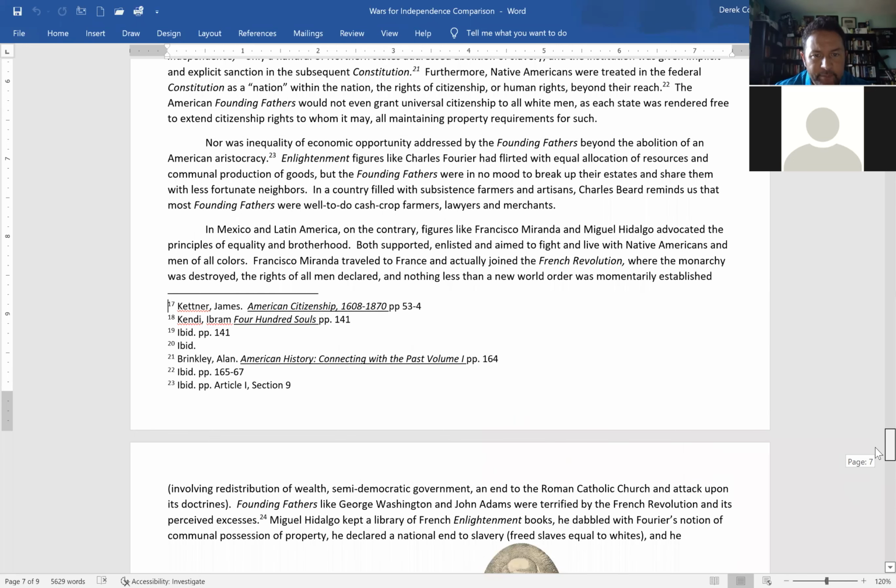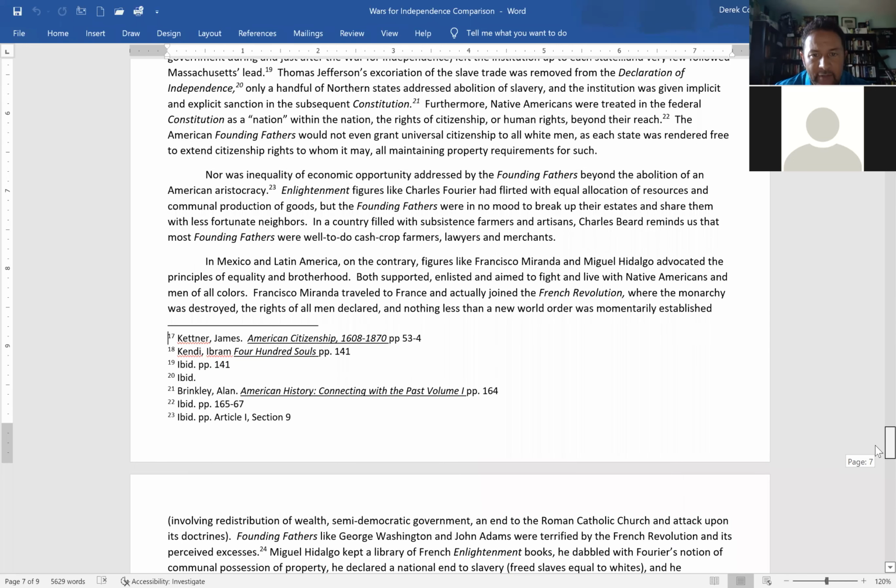Francisco Miranda and the rights of man from the French Revolution. And so they took on universal male citizenship for all criollos, peninsulares, mestizos, indígenas, esclavos, right?